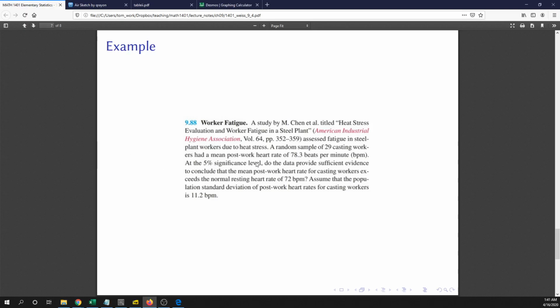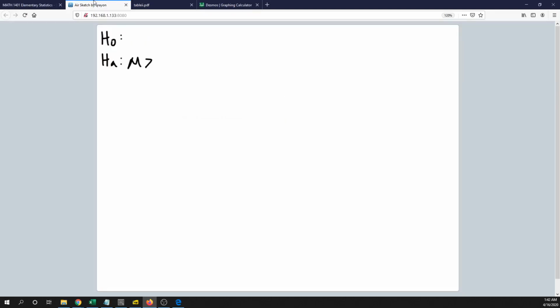It says, at the 5% significance level, do the data provide sufficient evidence to conclude that the mean post-work heart rate for casting workers exceeds, is greater than, the normal resting heart rate of 72 beats per minute? So that makes the alternative hypothesis mu is greater than 72.